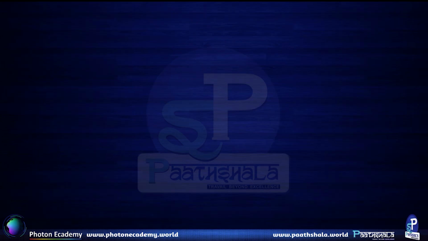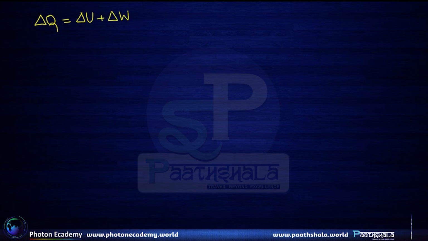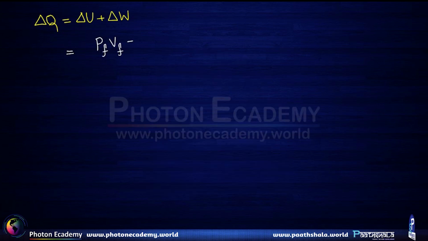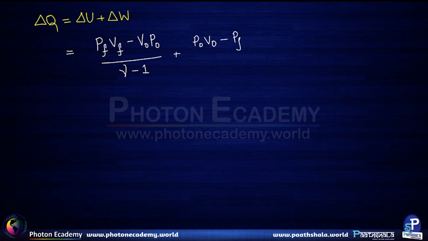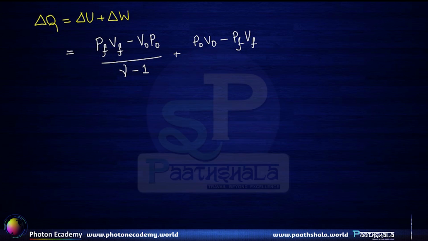From the first law, ΔQ will be the sum of the change in internal energy and the work done by the process. So this is going to be equal to (PfVf − V0P0)/(γ − 1) plus (P0V0 − PfVf)/(n − 1).